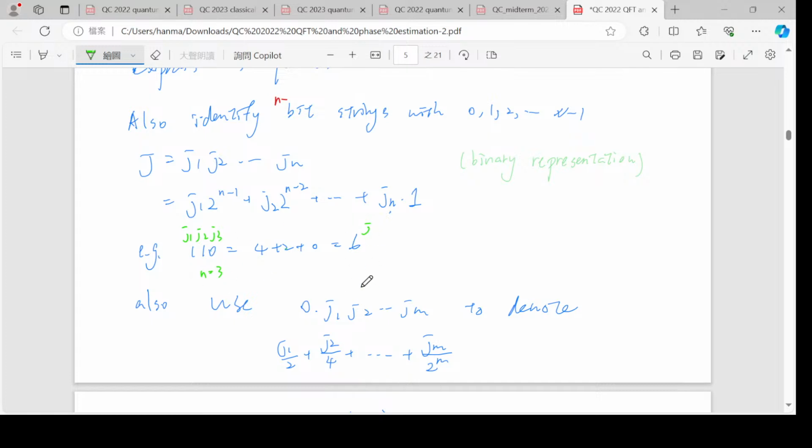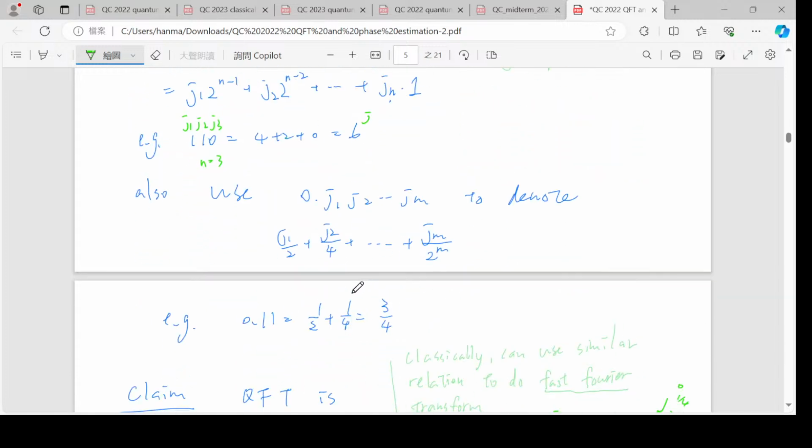Then we have this more exotic notation where we can have a fractional binary string, the 0 point binary string. So 0.j1 j2 ... jn is j1 divided by 2 plus j2 divided by 4 plus all the way to jn divided by 2 to the n. We have a little more example here. If you have 0 point just j1 and j2, then there are 4 possibilities. 0.11 in binary is 3 over 4 in decimal.